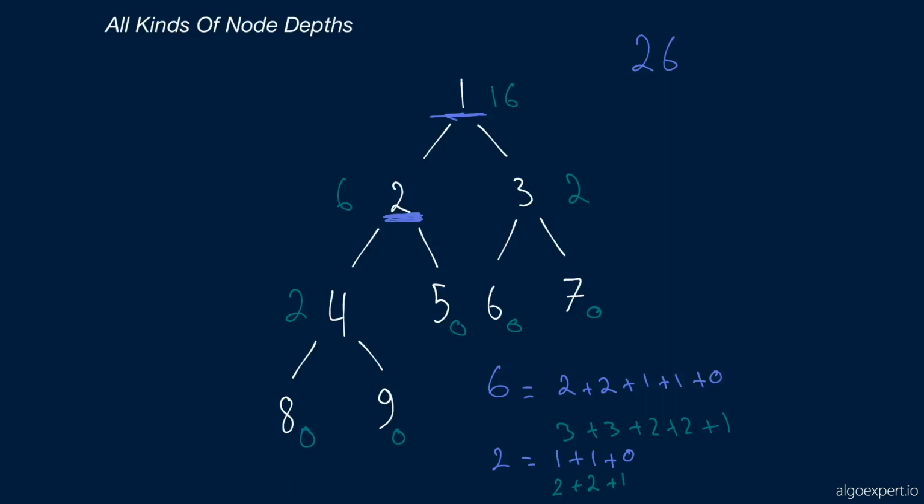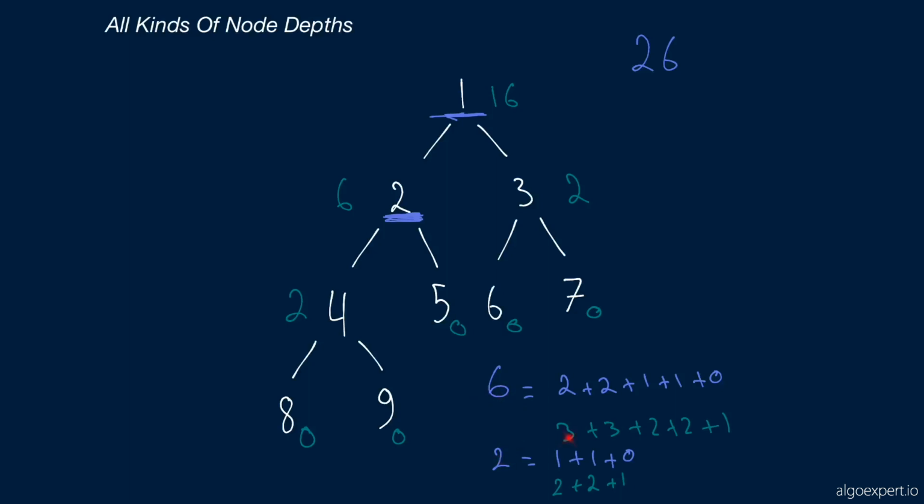Unless we realize that here, incrementing all of these values by 1 is the same thing as grabbing this sum here, 6 or the 2, and adding the total number of nodes in the tree that's rooted at the node that this 6 was obtained from, or that this 2 was obtained from.